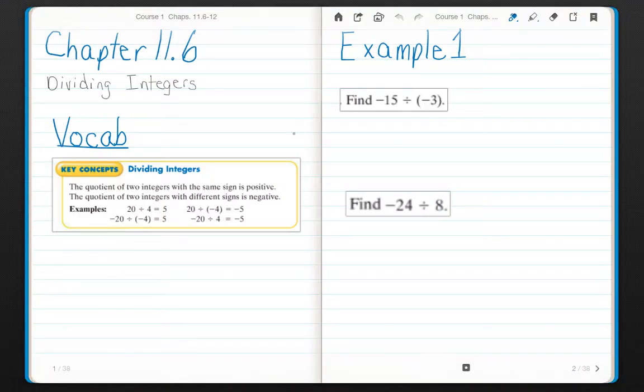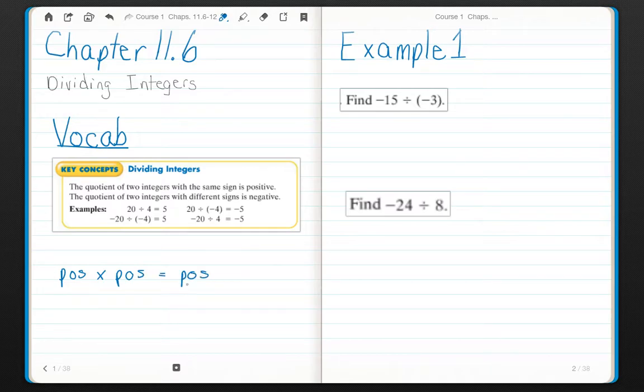Chapter 11.6, Dividing Integers. So today we're going to be dividing positive and negative numbers. Now yesterday in 11.5, we learned that a positive number times a positive number equaled another positive number. We also learned that a negative number times a negative number also equals a positive number.